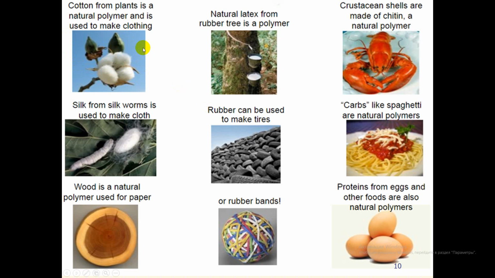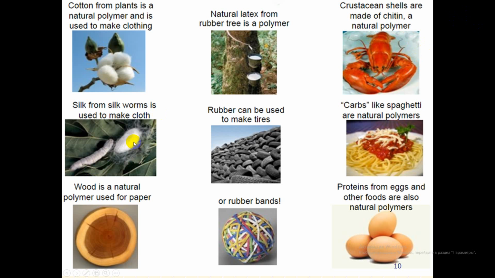Cotton from plants is a natural polymer and is used to make clothing. Natural latex from the rubber tree is a polymer. Crustacean shells are made of chitin, a natural polymer.